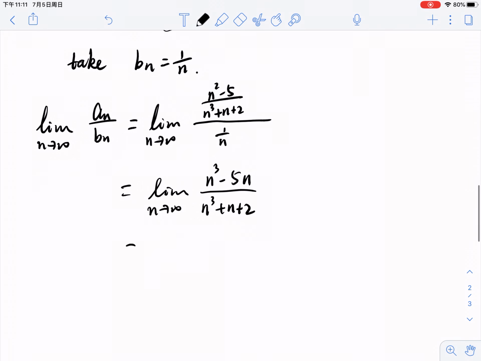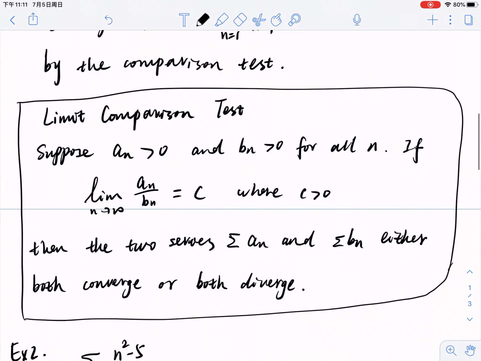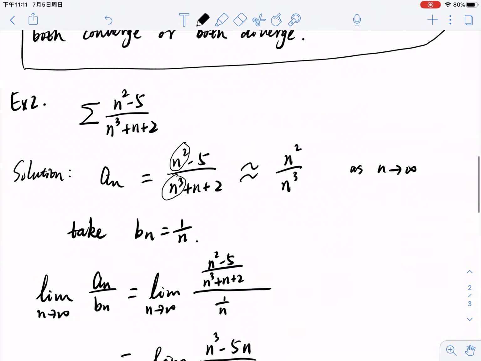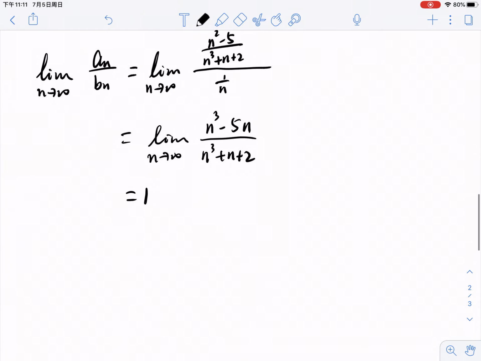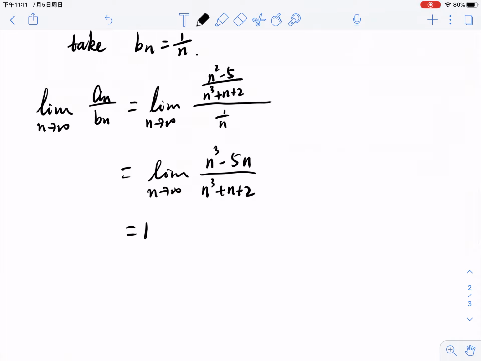This limit is 1, so c is 1. The limit comparison test applies with c equal to 1, so sigma an and sigma bn have the same convergence or divergence.